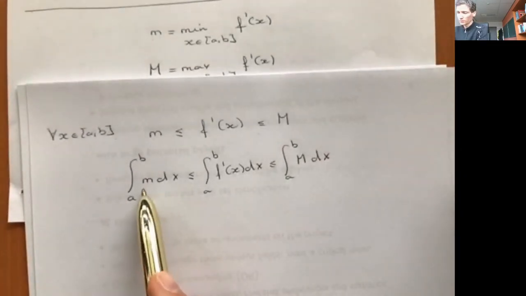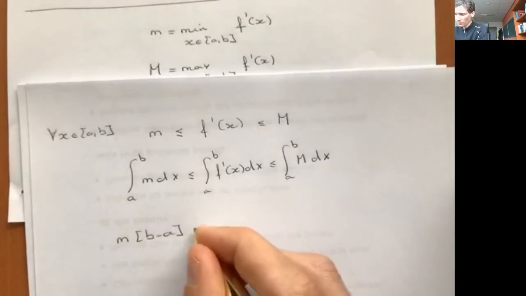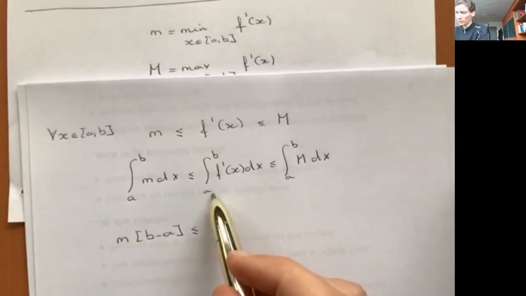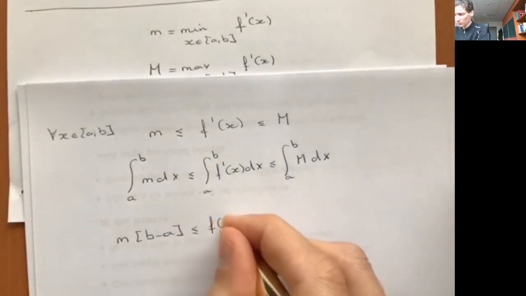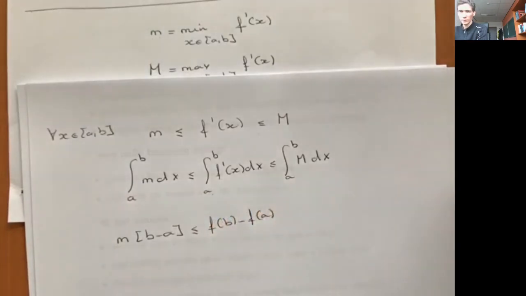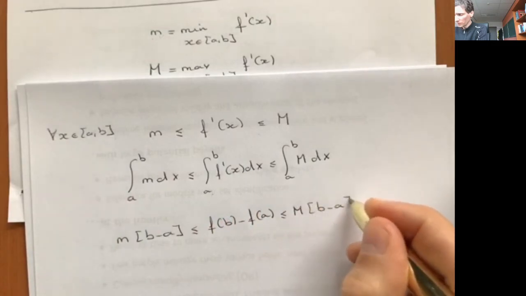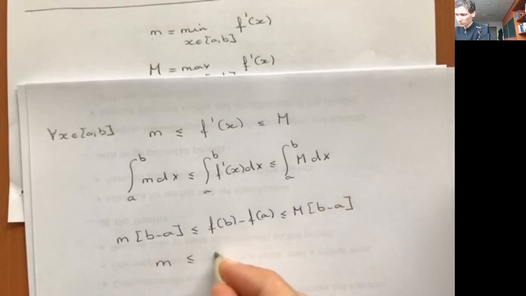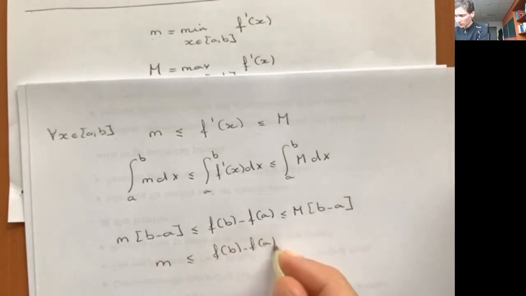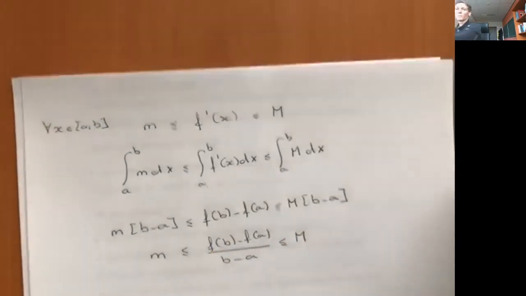This is just a constant number, so this is m times (b minus a), less or equal to, okay, we integrate out the derivative, so this is going to be f(b) minus f(a), and this is less or equal to big M times (b minus a). Now we're going to divide all three by the same number, which is b minus a. So we have that m is lower or equal to (f(b) minus f(a)) divided by (b minus a), which is lower or equal to big M.